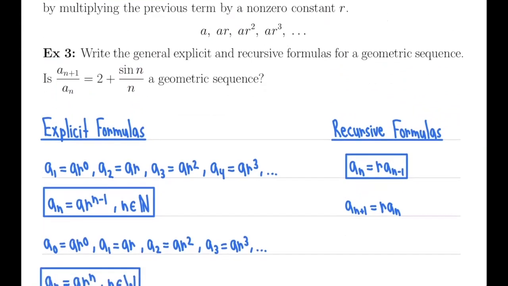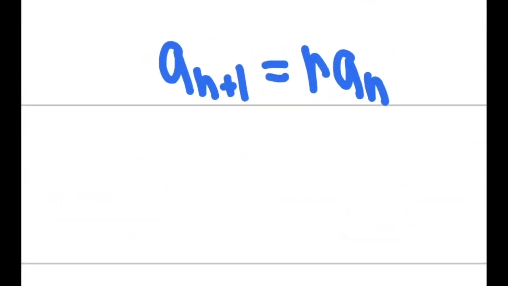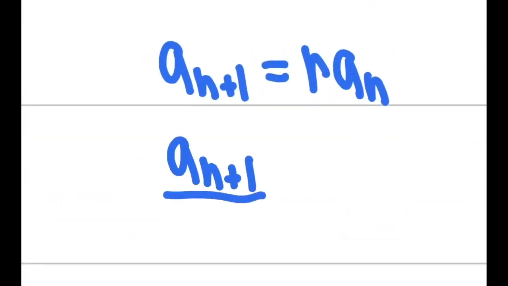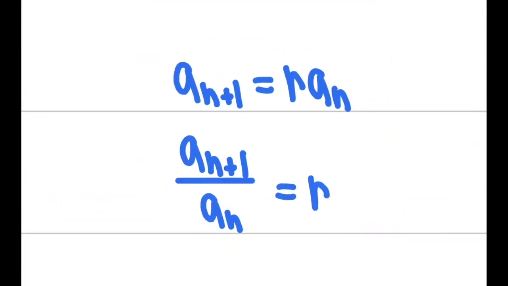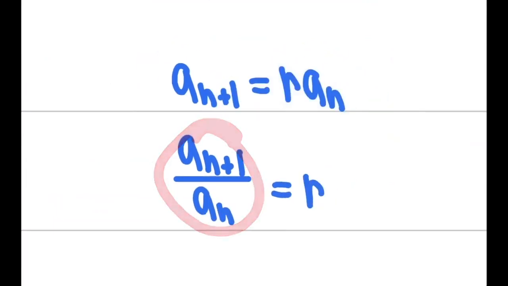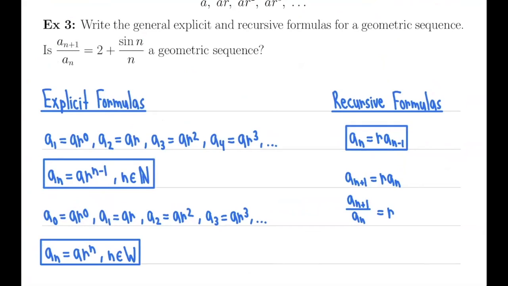So notice how in this recursive formula, I can divide both sides by a sub n, and I'll get a sub n plus 1 divided by a sub n equals r. So that means if I divide two terms that are right next to each other, I should get a constant r. For a geometric sequence, is that what's happening here? A sub n plus 1 divided by a sub n?